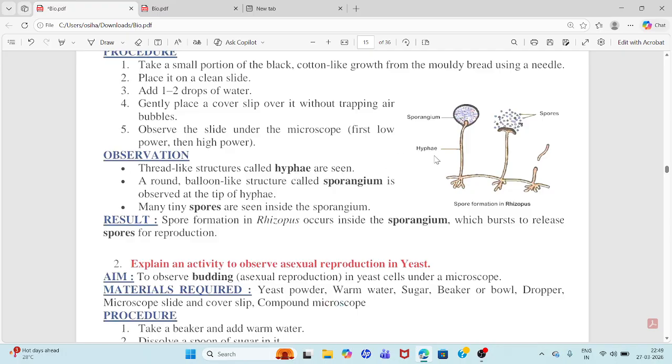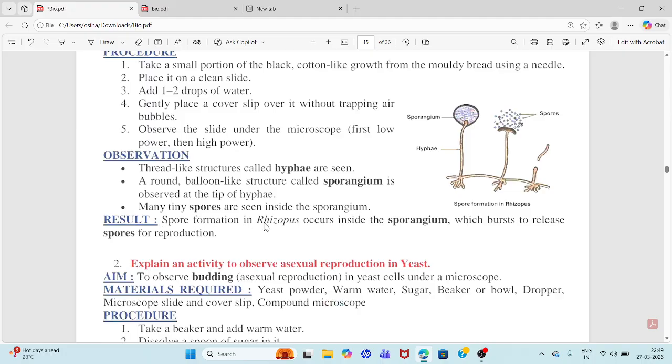See here, you can see in this picture. A round balloon-like structure called sporangium, this one, is observed at the tip of hyphae. Many tiny spores are seen inside the sporangium.